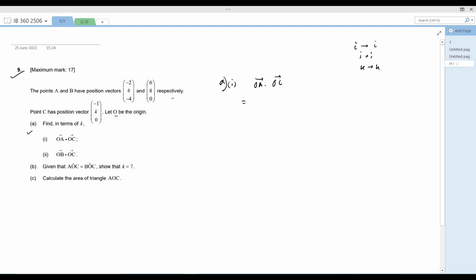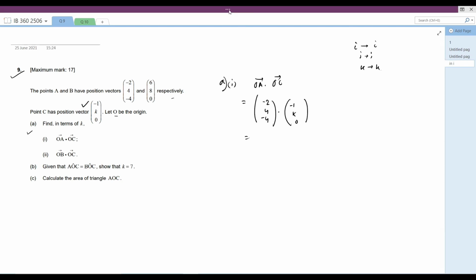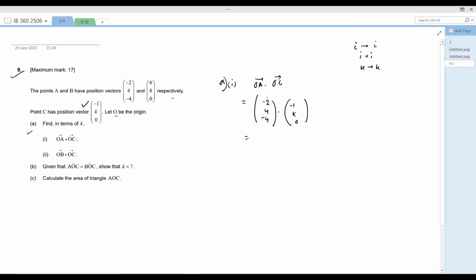So OA is (-2, 4, -4) and OC is (-1, k, 0). Just the equal positional terms will be multiplied. So we are getting -2 into -1 plus 4 into k plus -4 into 0, so we are getting 2 plus 4k. So OA dot OC equals 2 plus 4k.